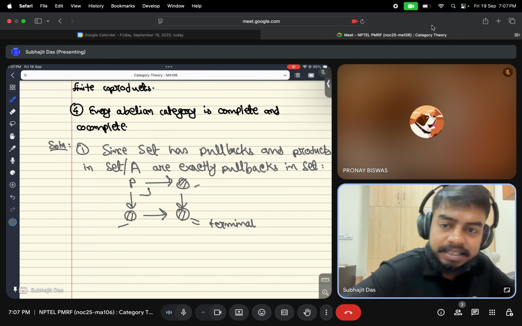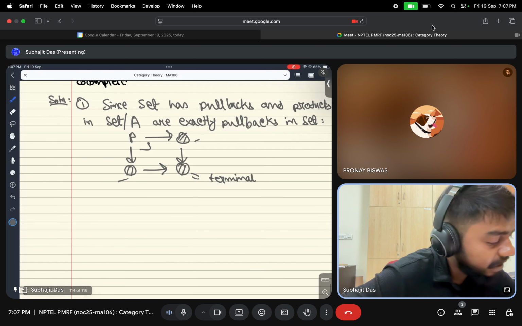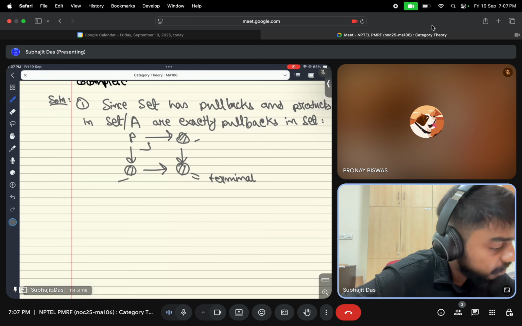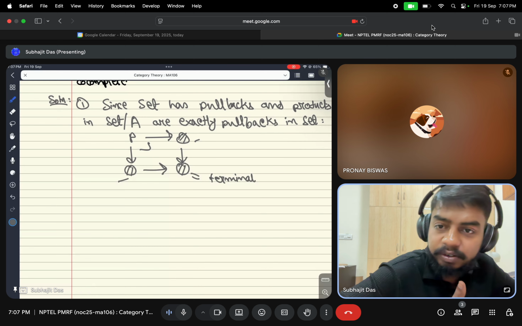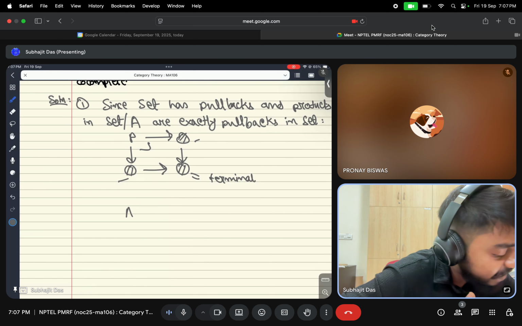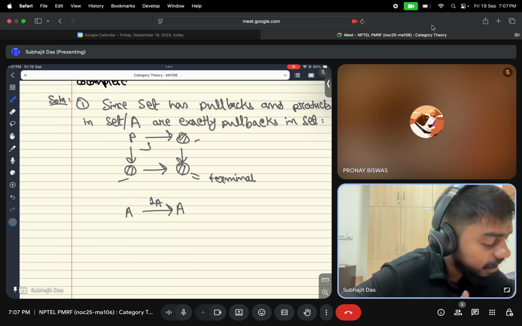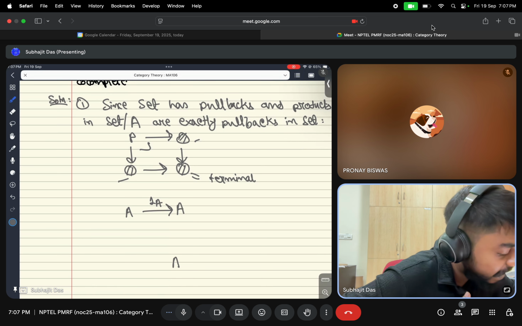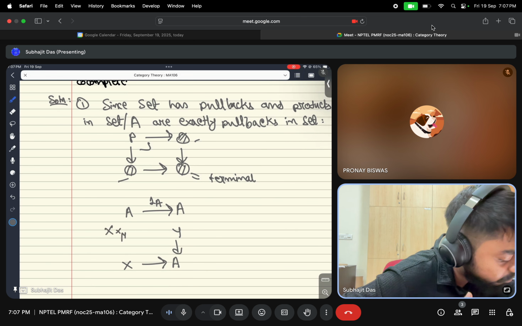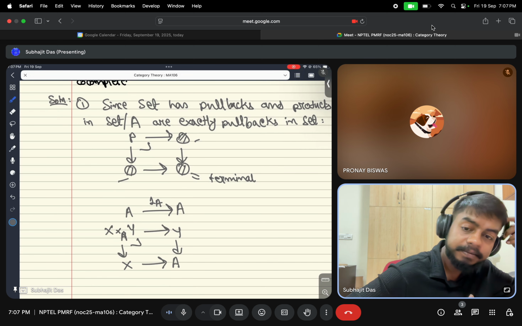In set over A, the terminal object is the identity arrow A to A, and take any pullback in the category of sets where A is the common thing, X to A, Y to A. Suppose P is your pullback, which we write as X crossed over A with Y.